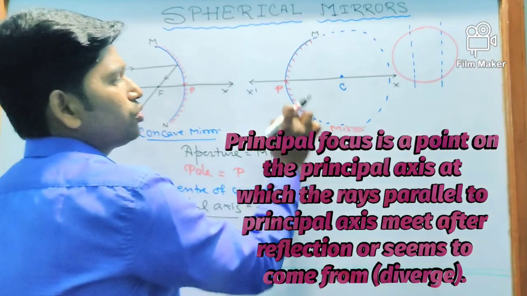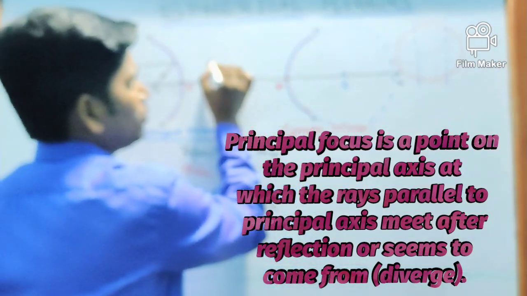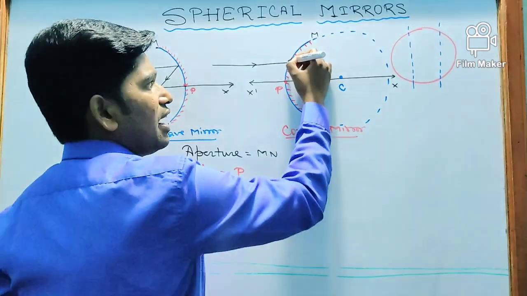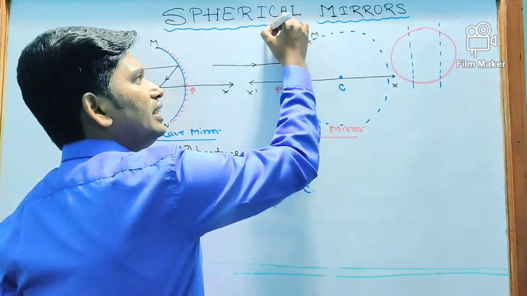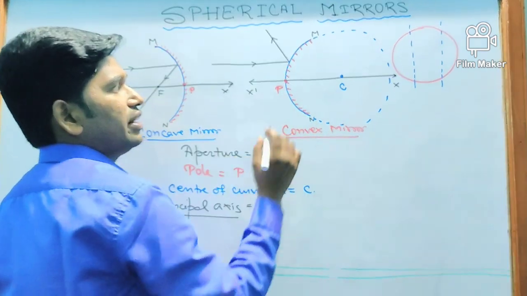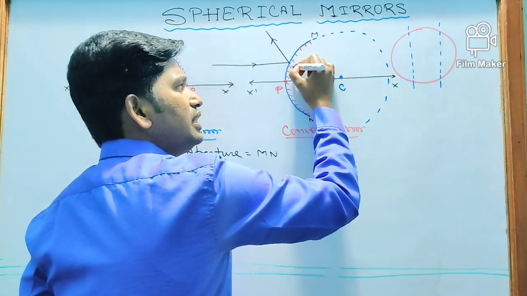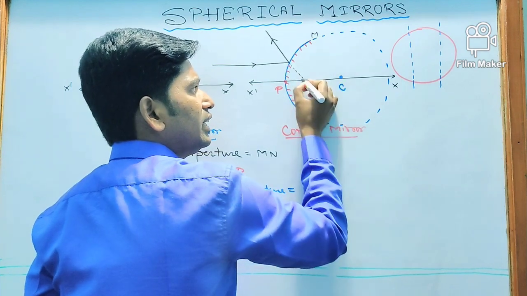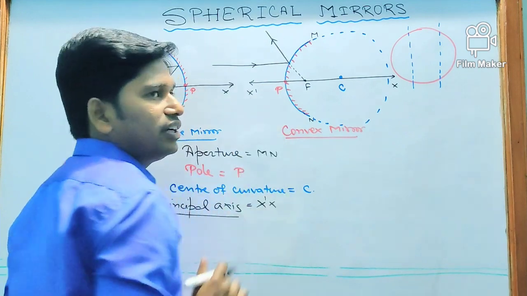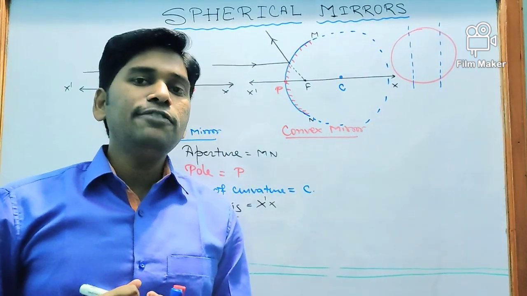Or if we show it in a convex mirror, suppose a ray is incident parallel to the principal axis. After reflection, it diverges, that means it goes away from the mirror. When we produce it in the backward direction, it seems to be coming out from the point F. This point is known as the focus.